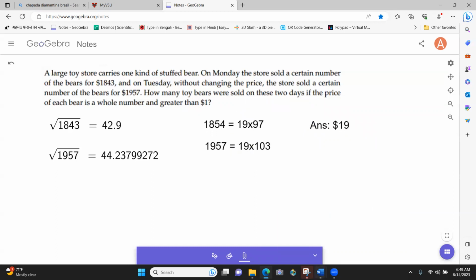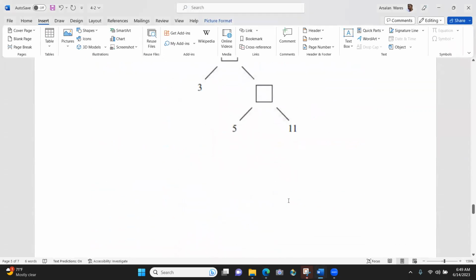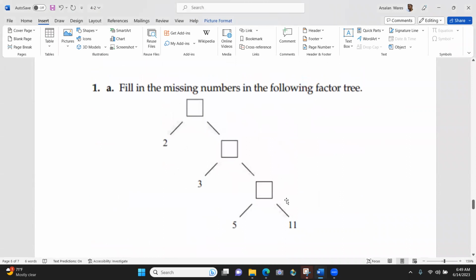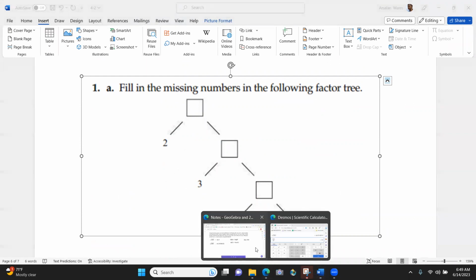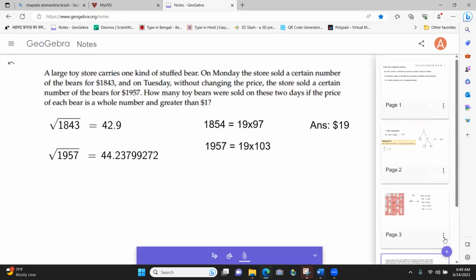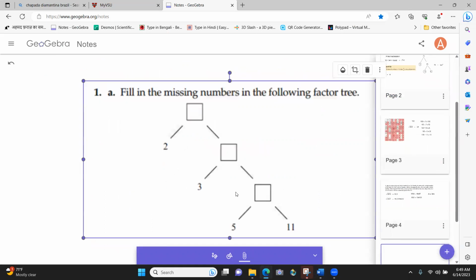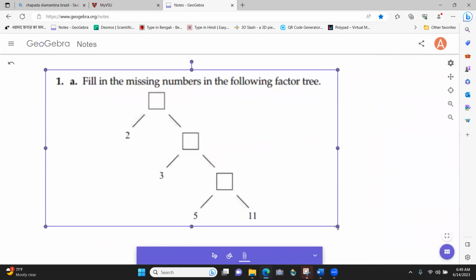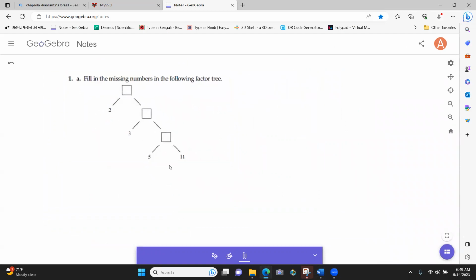All right, so let's see if we can find a couple of other problems from your book that I wanted to do. These are from your book, from 4.2, the first section. Your problems are just like this on the MyMathLab as well. They're saying find the missing number.